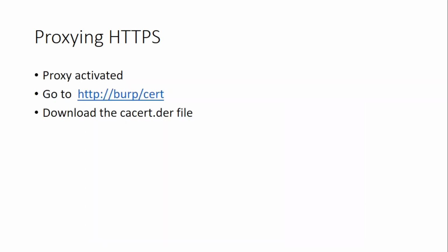So how do we remediate it? By having the certificate for that one. For that, we have to have the proxy activated, go to burp/cert, and download the certificate file.